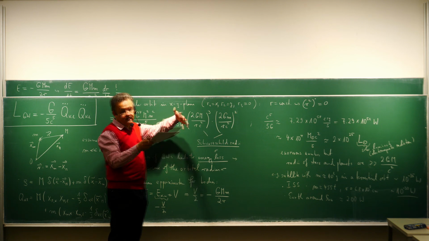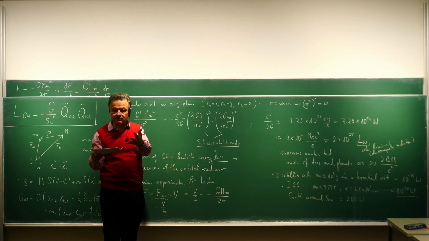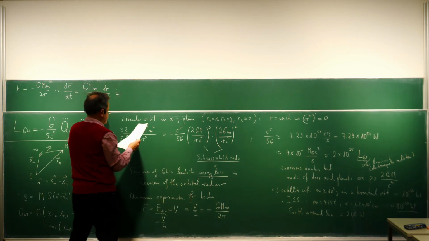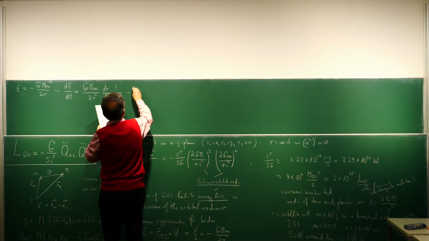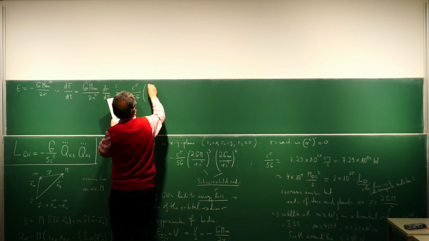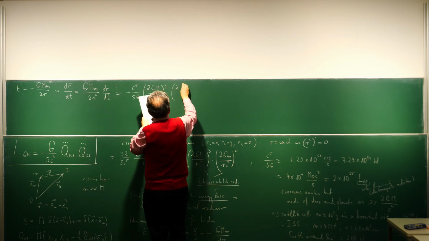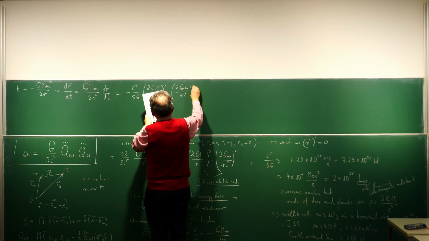I mean, what the motion loses must be in the gravitational waves. So this must be equal to minus c to the 5 over 5G times (GM over rc squared) cubed times (2Gm over rc squared).